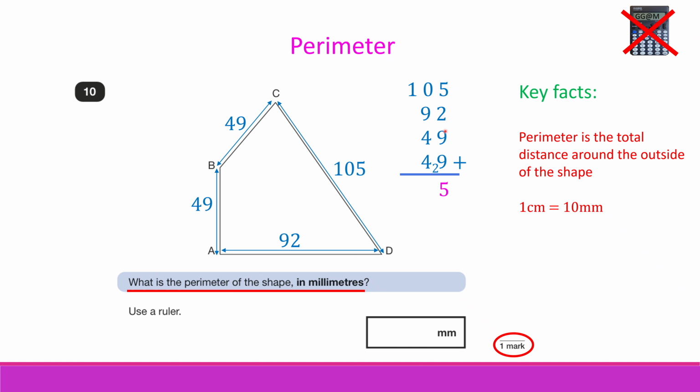Here I've got 9 plus 4 is 13, plus 4 is 17, plus 2 gives me 19, so carry a 1 and add on a 9. And 1 plus 1 is 2. So that's 295, which needs to get written in the box here. Give yourself a big tick if you got that correct.